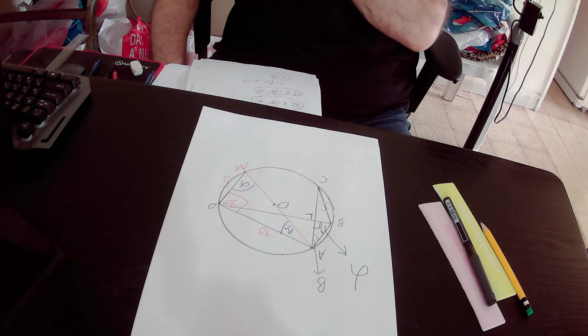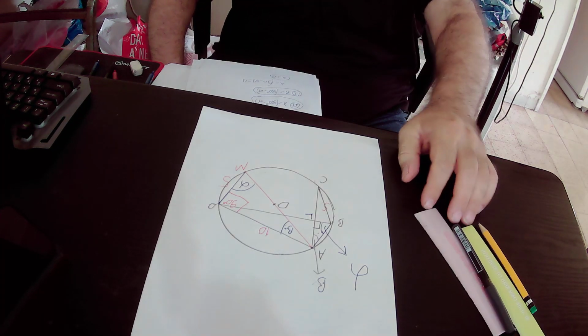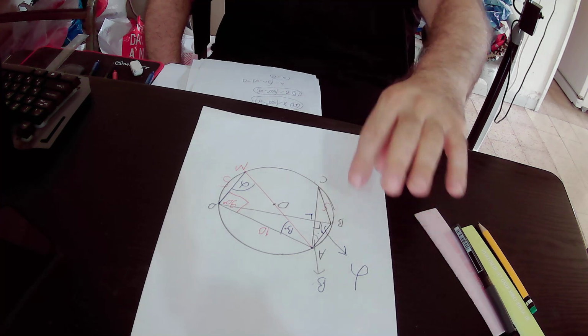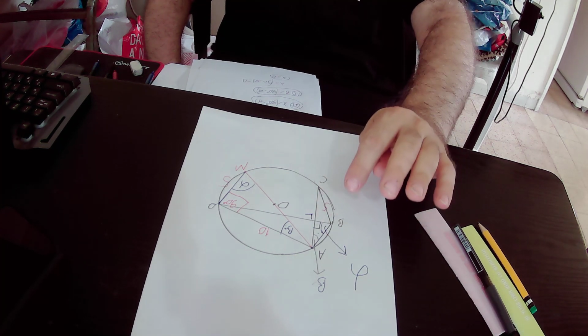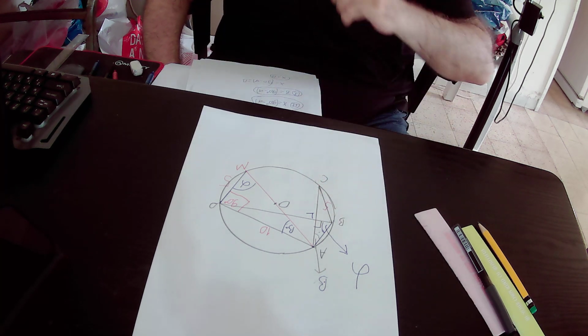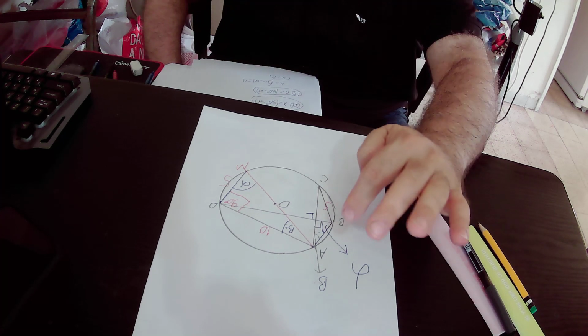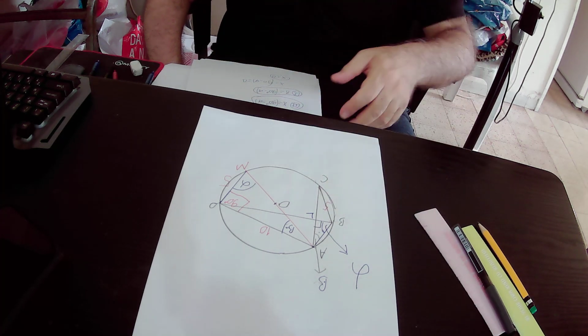Then we connected points A and B with a straight line, and we focused on the right triangle ABL. The sum of the angles in the right triangle ABL equals 180 degrees.